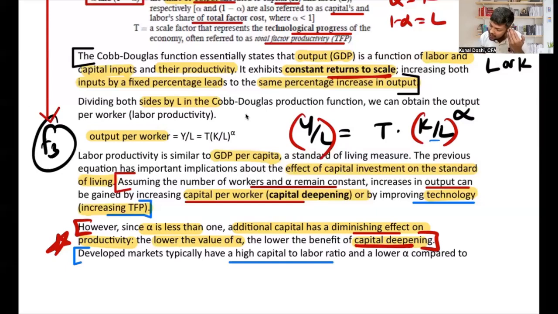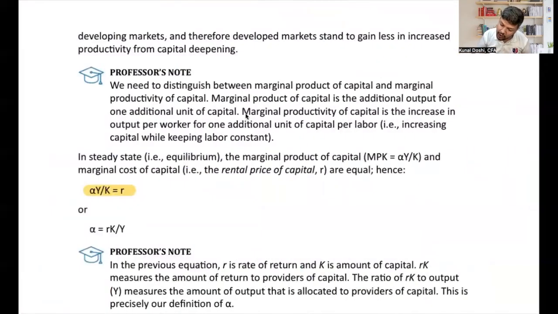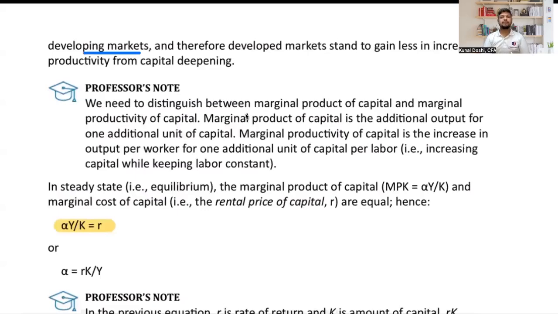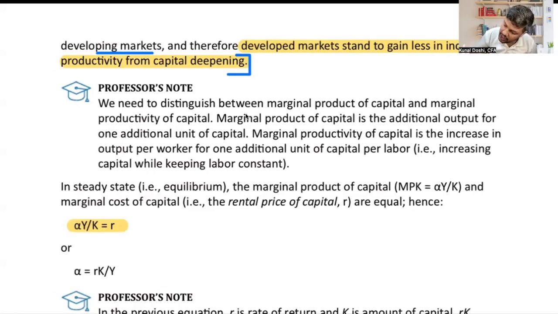They already have a high capital to labor ratio and a lower alpha compared to the developing markets. And therefore, developed markets tend to gain less increase in productivity from capital deepening. Basically, what is the conclusion here? What is capital deepening? It means increasing capital per worker. So I'll write down: capital deepening is increasing capital per worker.